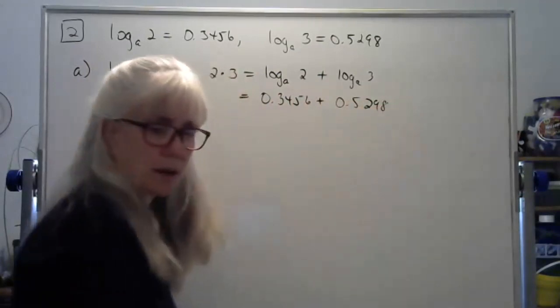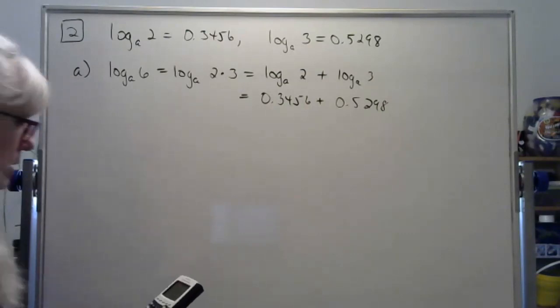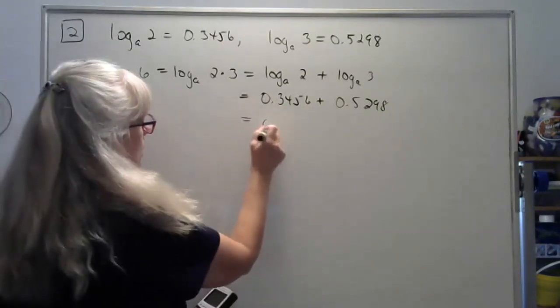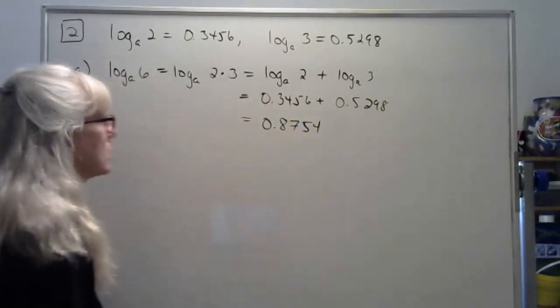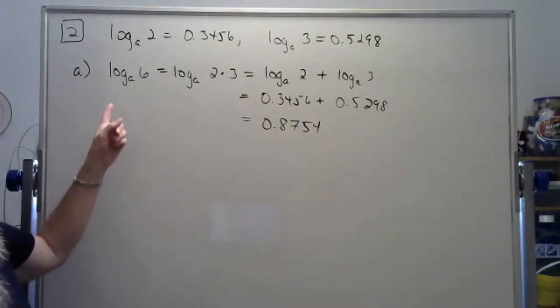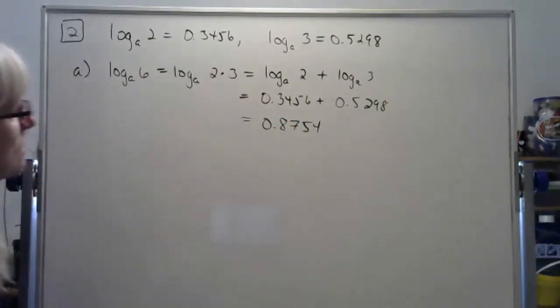So at that point, there is no logarithm in the problem at all. I've completely replaced those terms with what they told me they were equal to. And now I just have to add them together. So I get 0.8754. So whatever the base is, we know that when we take the log base A of 6, we end up with 0.8754. Okay, questions or comments about that?